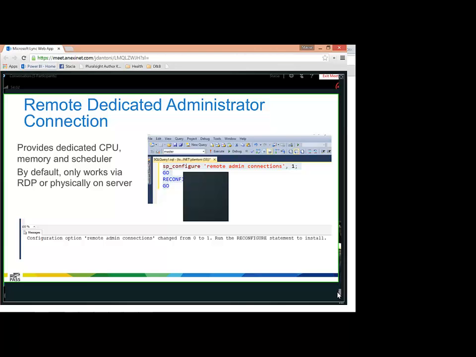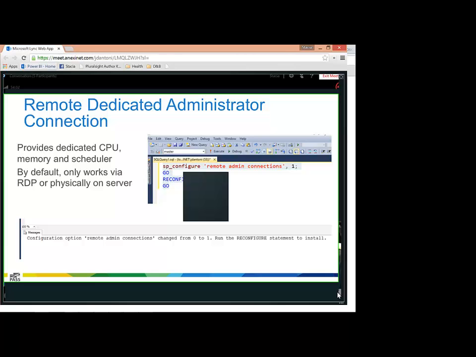But by default, this is configured only to be used on the server. So you either have to be consoled into the server directly, right in front of your server in your data center, or have an RDP session to the server. If you've ever tried to launch SSMS in a scenario where the server is at 100% CPU, it's not going to work out too well.